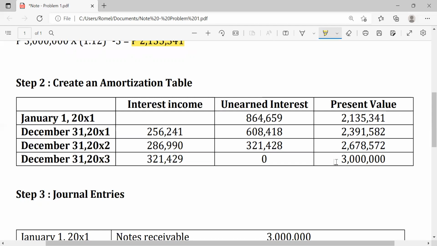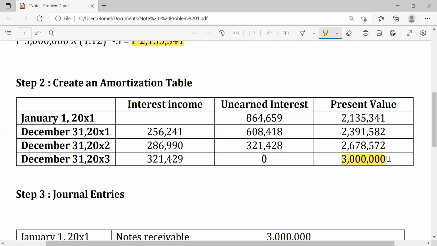If the note is a lump sum note, our goal is by December 31, 20X3, the present value of the note becomes 3 million pesos.